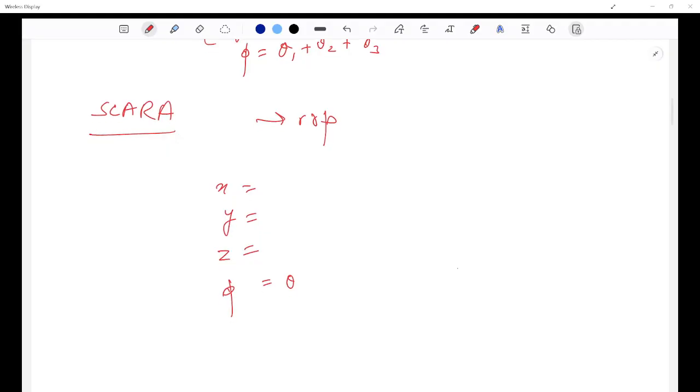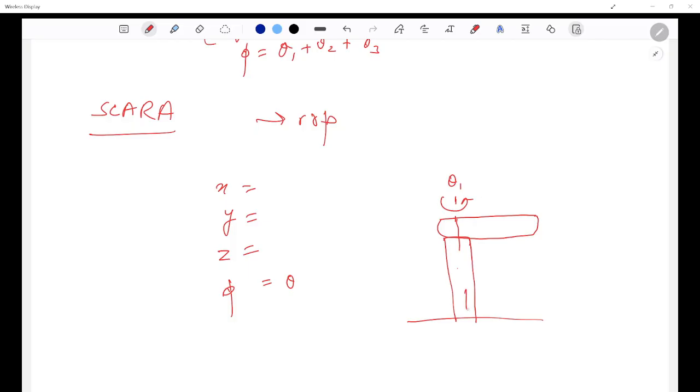So let's say this is your base. Your base is fixed and this has a revolute joint here. This is the axis about which the revolute joint is mounted. Let's say it is rotating by an angle theta 1.